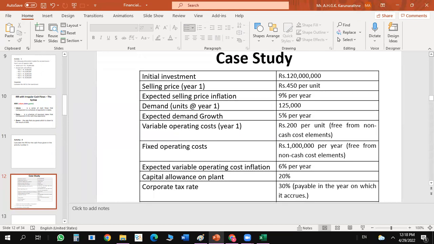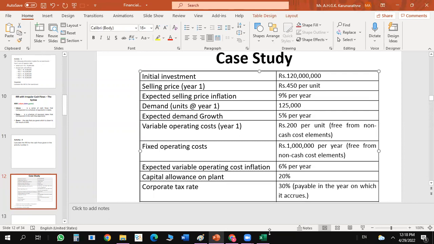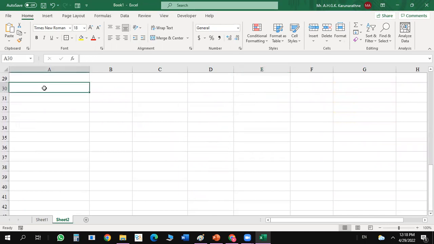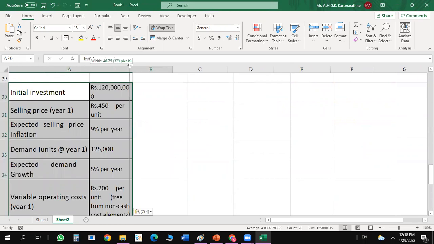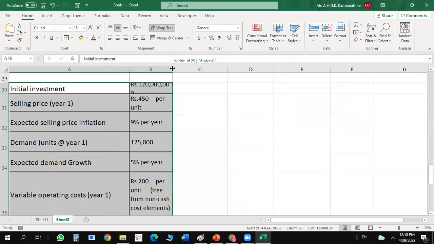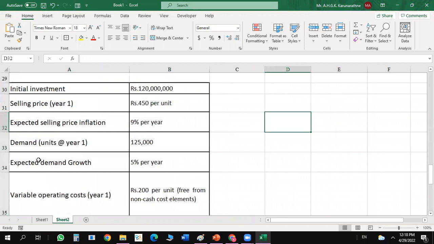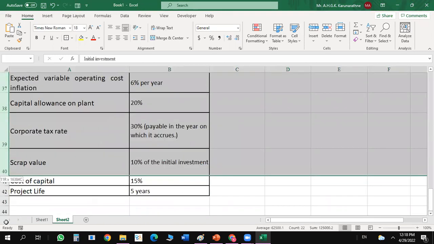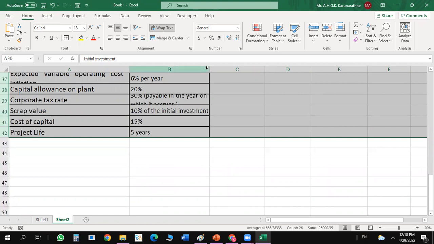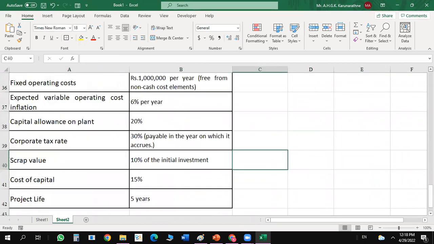That is the main information needed. So we'll take this to our calculation sheet, our Excel sheet. Okay, so these are the information, right?